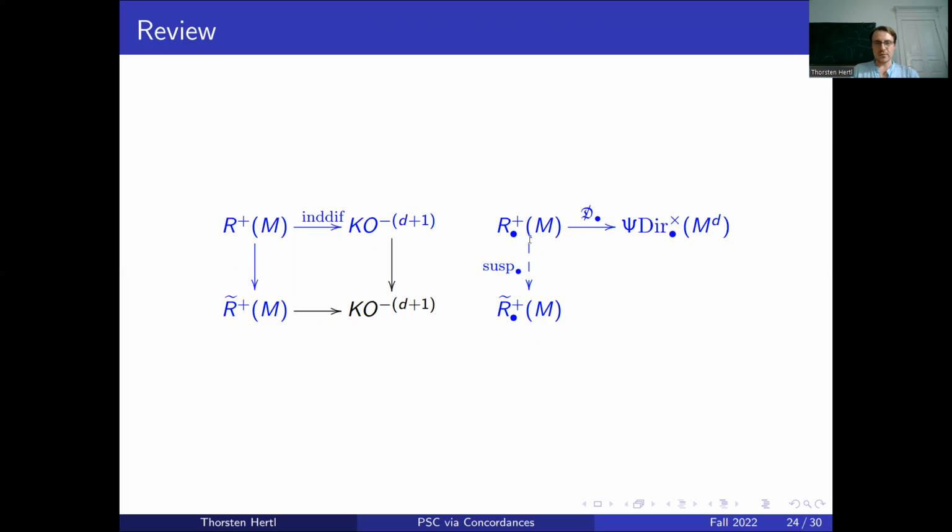As I told you at the beginning, this map is only well defined on the weakly equivalent cubical subset. This is the reason why I used this dashed arrow here. And we have just given a nice model for the index difference from the space of PSC metrics to the classifying space of real K-theory, which with our appropriate model is just given by the map that assigns to a Riemannian metric its Dirac operator.